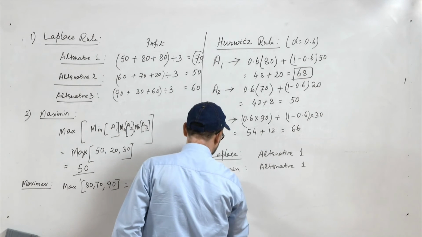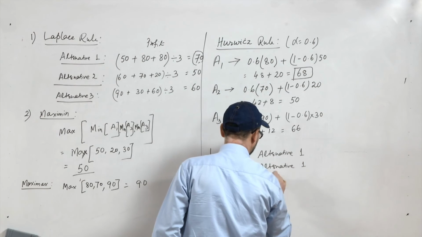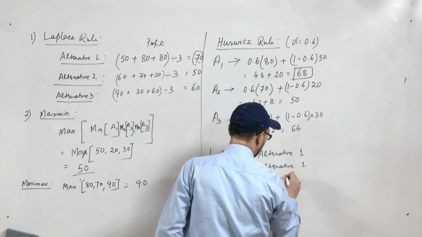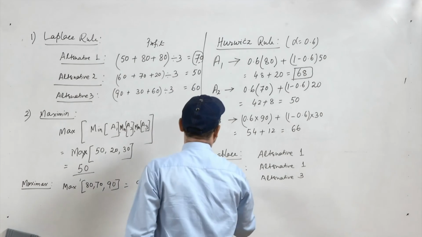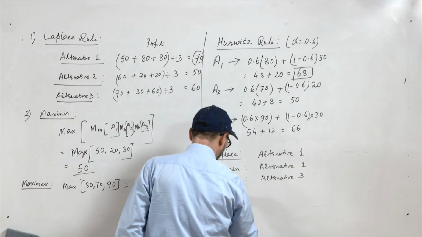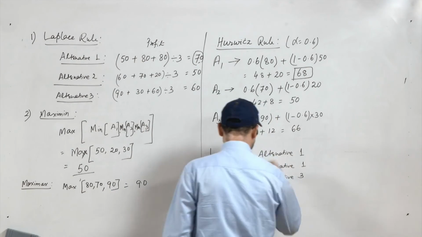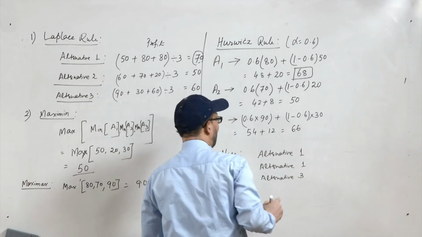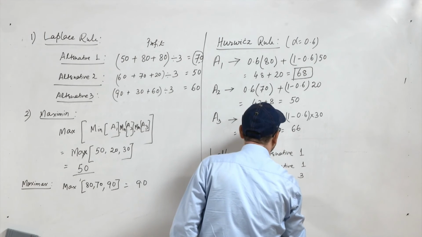Maximax, alternative 3. And the Hurwitz, where alpha is taken as 0.6, the optimism parameter. For that again alternative 1.